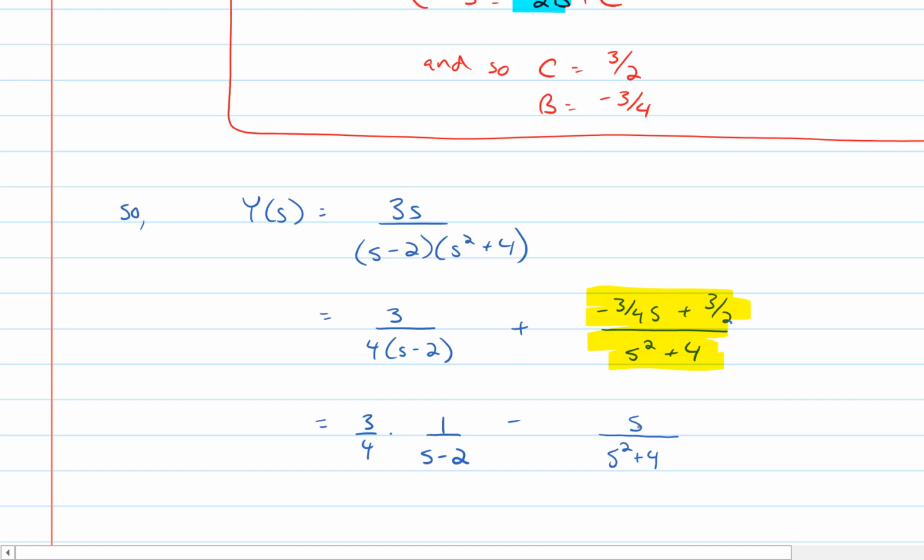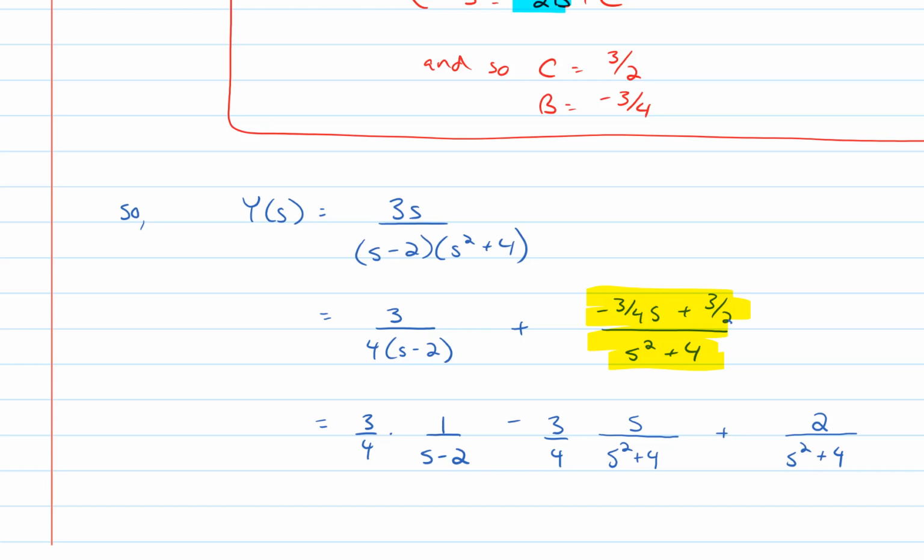So I'm just going to pull out the negative 3/4 in front, because s over s squared plus 4 will just give us a cosine term. And then for my second fraction, the 3/2 over s squared plus 4, I have a constant over s squared plus 4. What I really want is for the numerator to be 2, because the denominator is s squared plus 4.